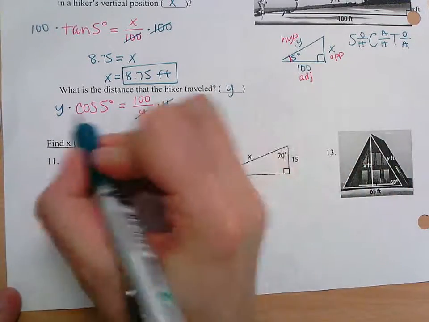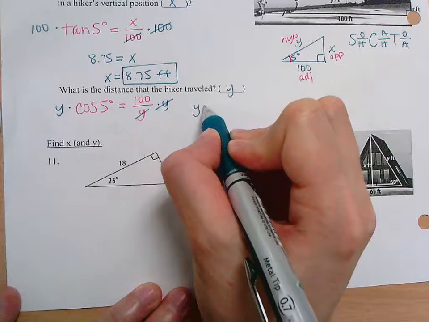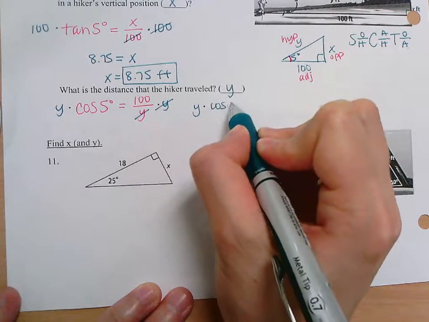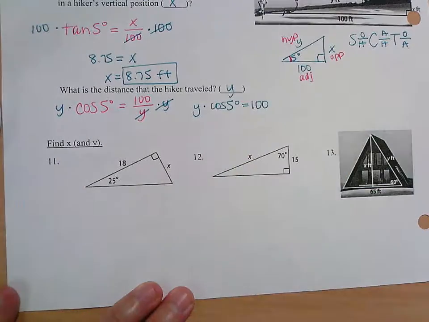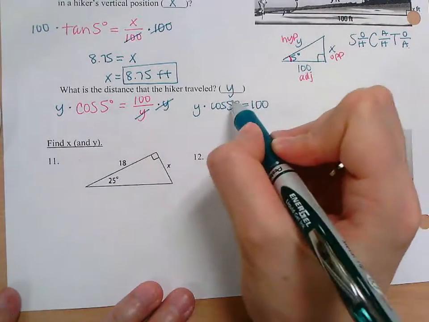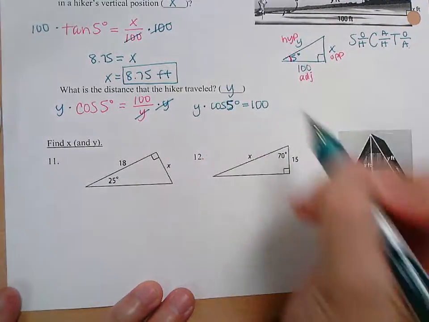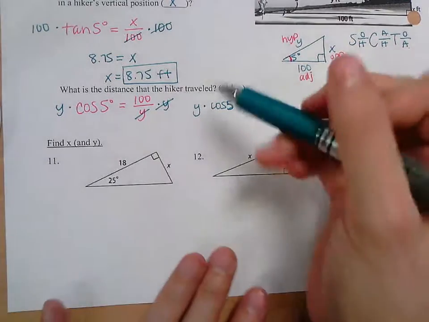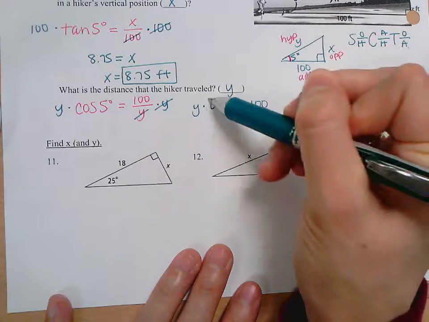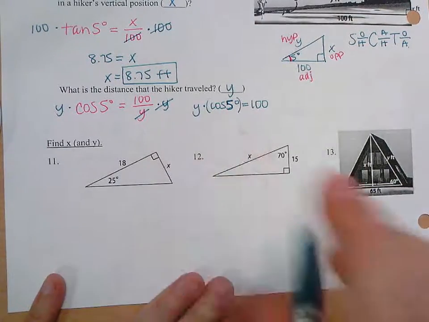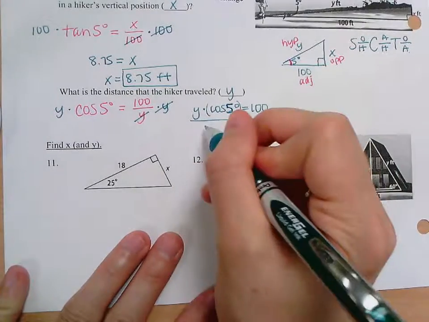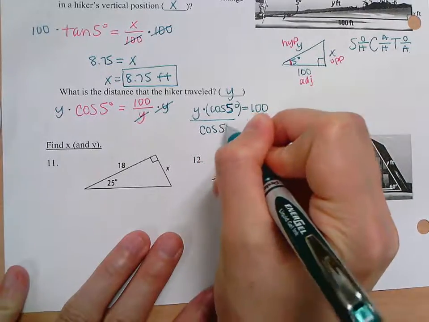So if I were to write this right now, I have y times, I'm going to keep this as cosine of 5 degrees is equal to 100. Sorry, sometimes my 5s look like s's. So cosine of 5 degrees is just a number. So because it's being multiplied by y, then I can divide both sides by that.